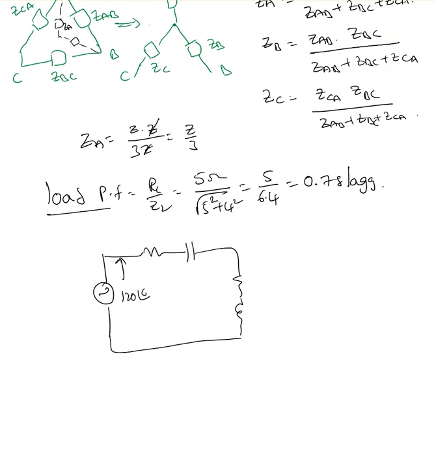So here I know it's 120, this is 1 minus j1, 1 plus j1. Now what is the Z total? Sorry, this is 5 plus j4. Z total is 5 plus 1, 6, j4 minus j1, plus j3. That's the total impedance.